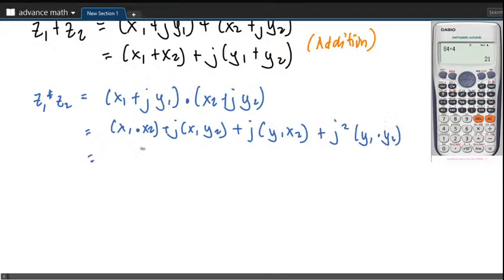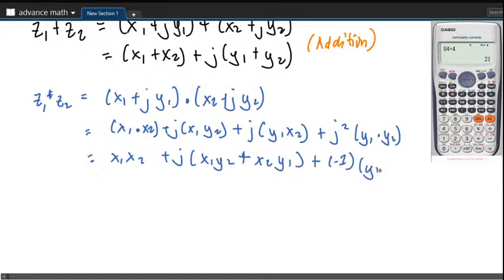Then we could simplify this one. We will have x sub 1 x sub 2 plus j x sub 1 y sub 2 plus x sub 2 y sub 1 plus, this is j squared or i squared, that is negative 1, y sub 1 y sub 2.